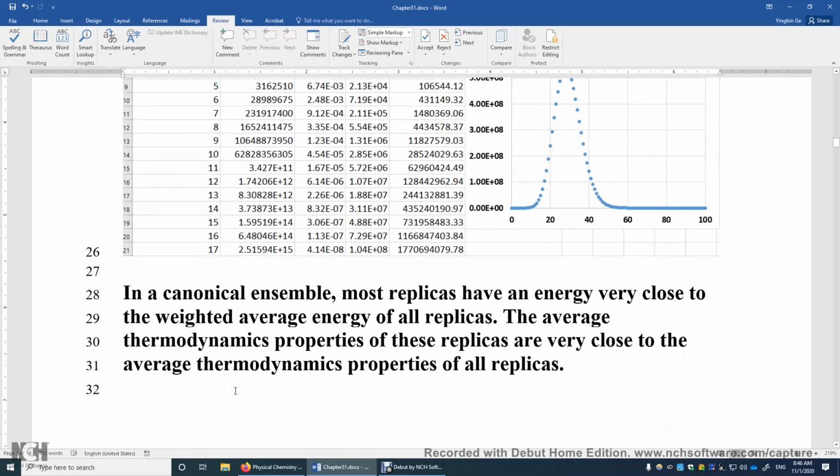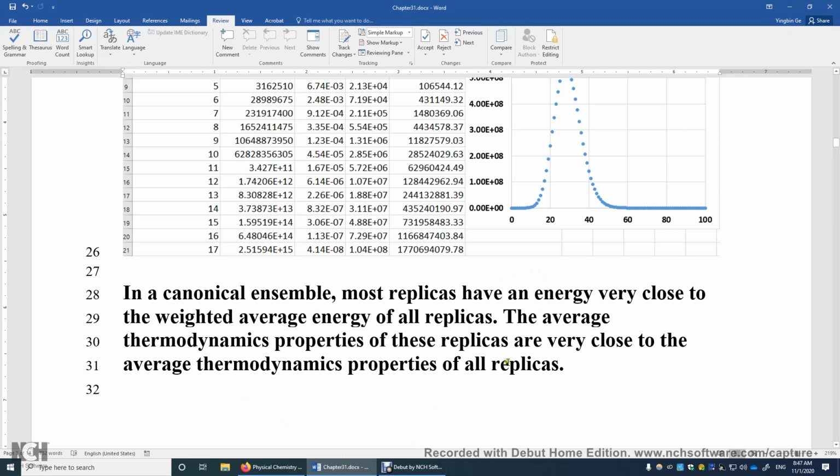In summary, if we have a canonical ensemble, most replicas in this ensemble have an energy very close to the weighted average energy of all replicas. And the average thermodynamic properties of these replicas are very close to the average thermodynamic properties of all replicas.